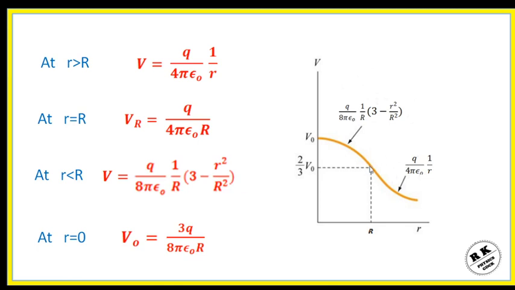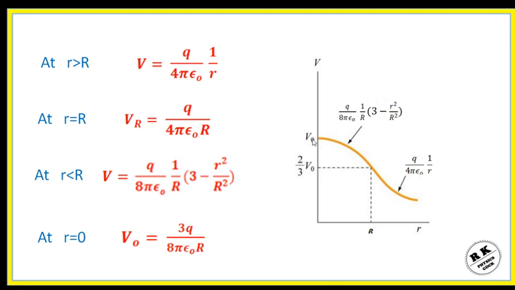The value of potential at the boundary, that is at the surface of the distribution, will be 2/3 of its maximum value, that is the value at the center point. So this is all about the electric potential due to uniform spherical charge distribution.